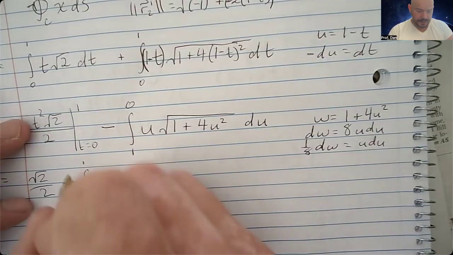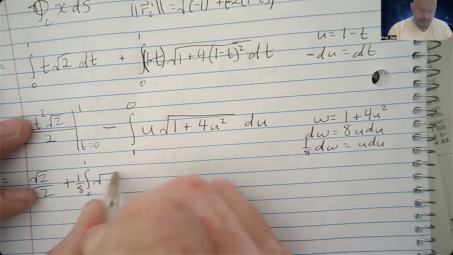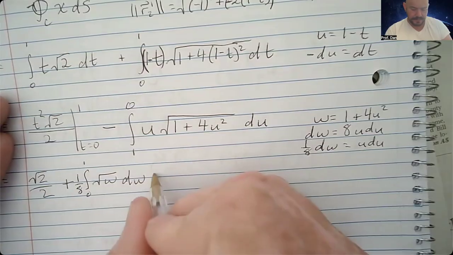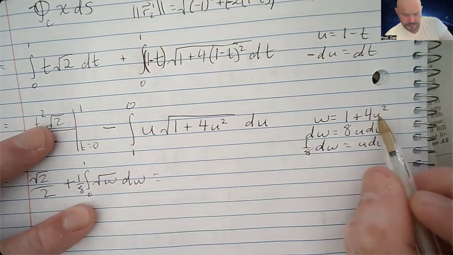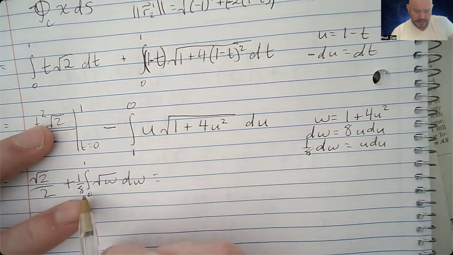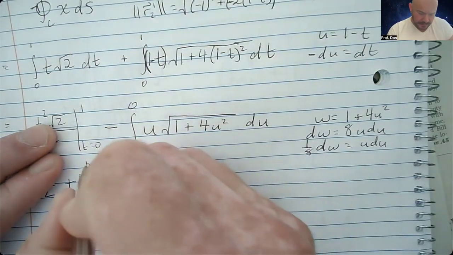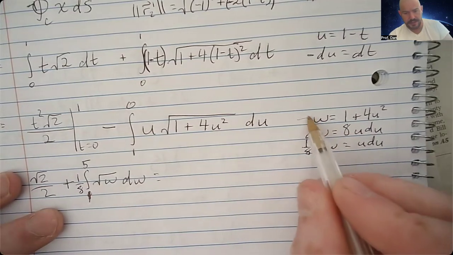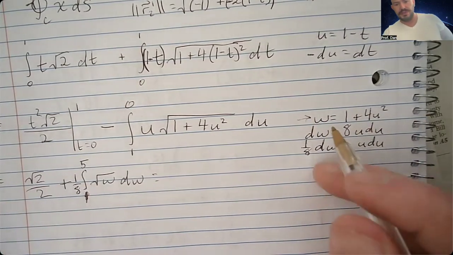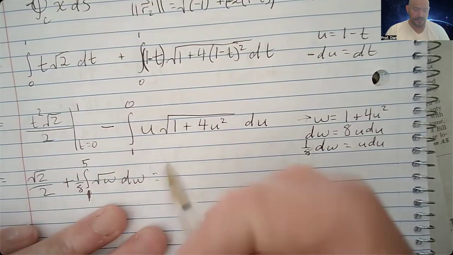At this point, this is going to be 1/8, which I'll pull out front, times the integral of the square root of w dw. I also have to adjust these bounds. If I plug in 0, I get 1. If I plug in 1, I get 5. So always remember to adjust your bounds by plugging into whatever your u or w is to get your new bounds. This just makes it so that you don't have to go back to the original variable at the end.